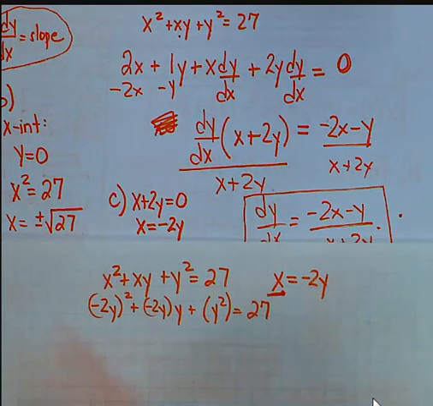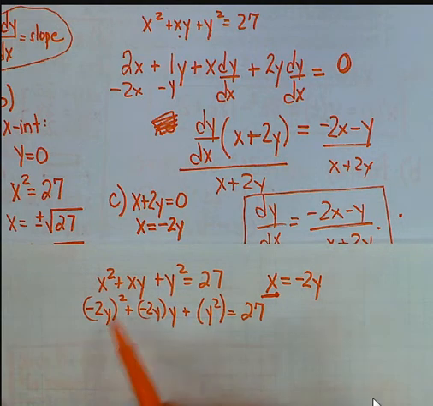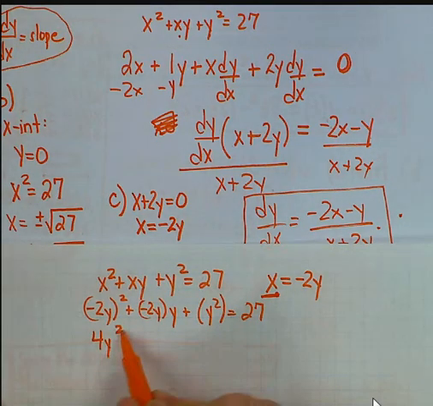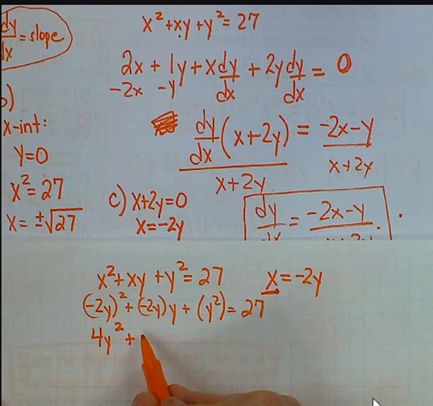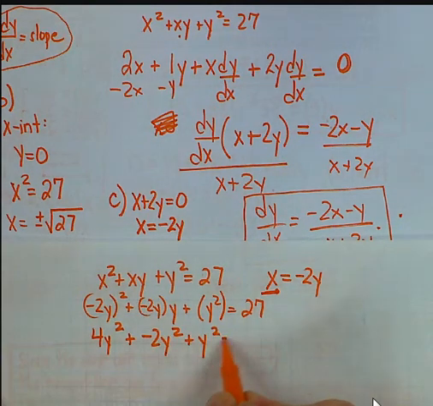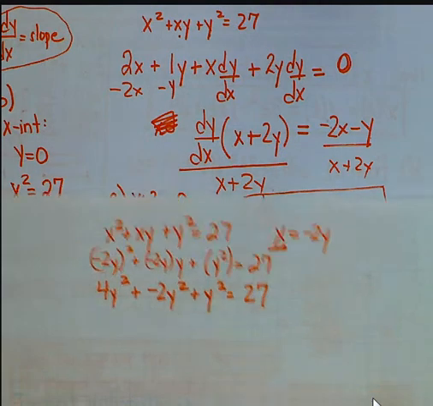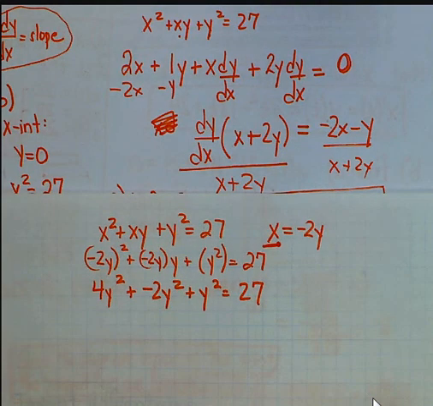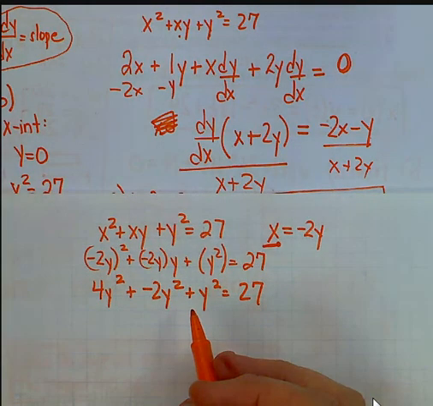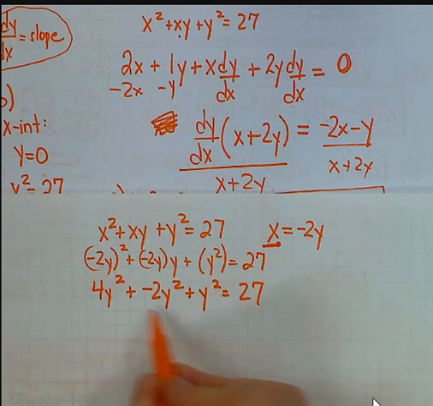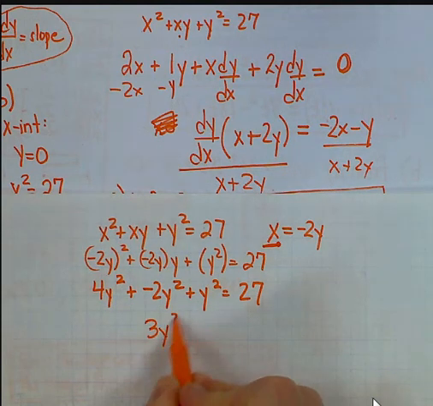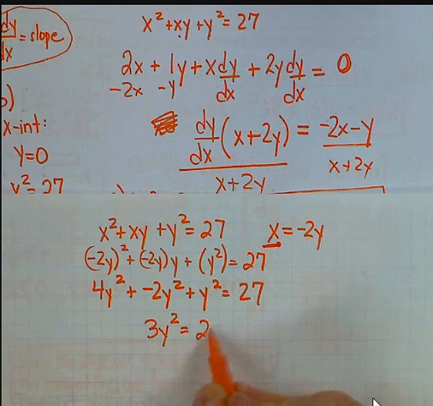All right, so what does this become? 4y squared. This becomes negative 2y squared plus y squared equals 27. Yep. So you're going to have 3y squared is equal to 27. This works out to be so nice.